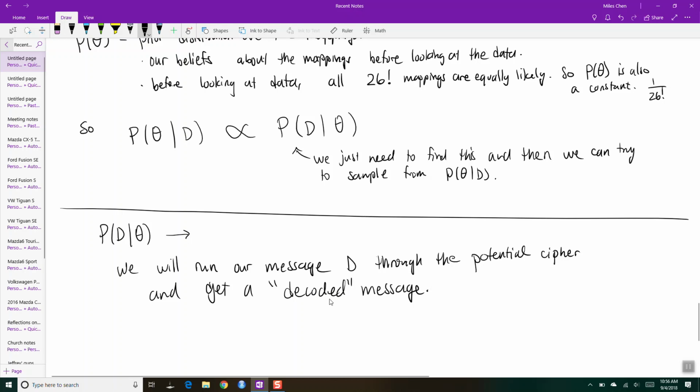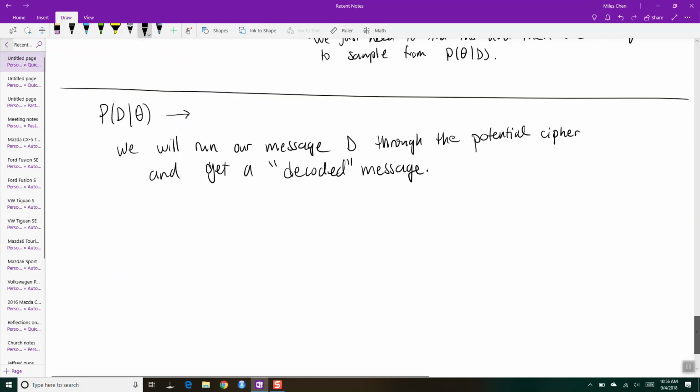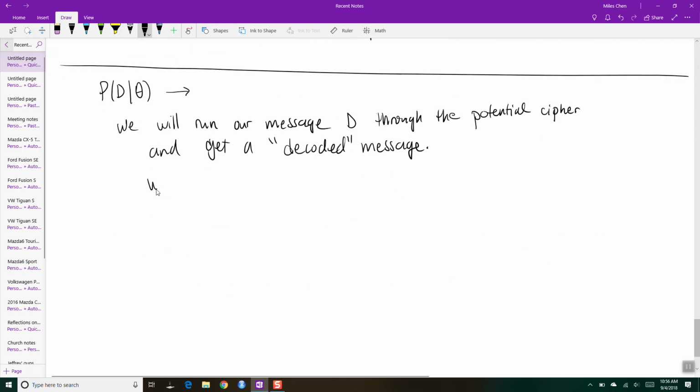Okay, and I put decoded in quotes. Maybe decoded is not the right word, because this could still be garbage, right? Here's a potential cipher mapping of letters. We run it through and we say, okay, let's evaluate this decoded message, okay? And get a decoded message, and then we evaluate the likelihood of this.